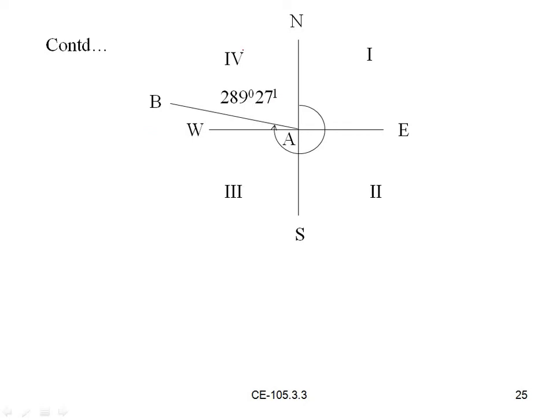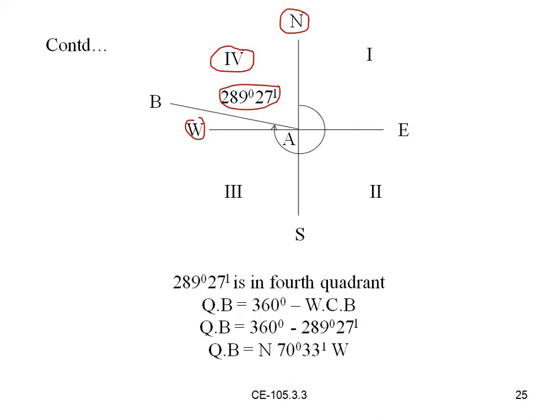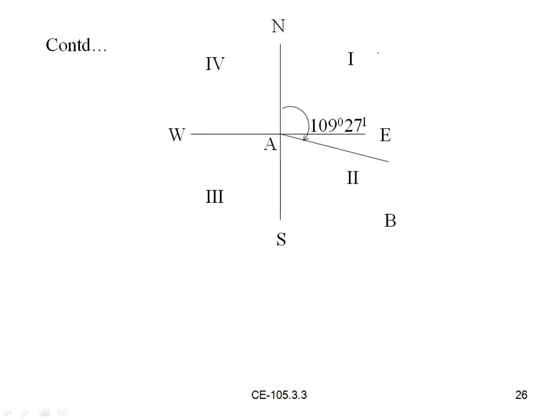So now the first one is in the fourth quadrant, that is 289 degrees 27 minutes. So it is in between north and west. So quadrantal bearing is equal to 360 degrees minus 289 degrees 27 minutes. We will get north 70 degrees 33 minutes west.